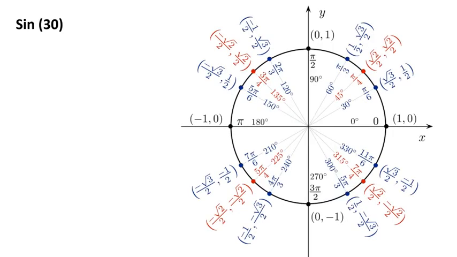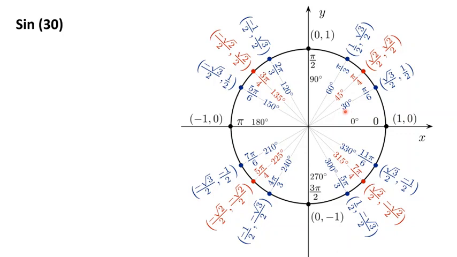Now, I'm going to show you a figure wherein nandito na lahat yung label ng unit circle. For the first timers, of course, this is a little overwhelming with a lot of numbers, and yung numbers is not really simple. Merong mga square root and then fraction, no? So let's look at the value of sine 30. The first thing we have to do is to look for 30 degrees. So 30 degrees is here.